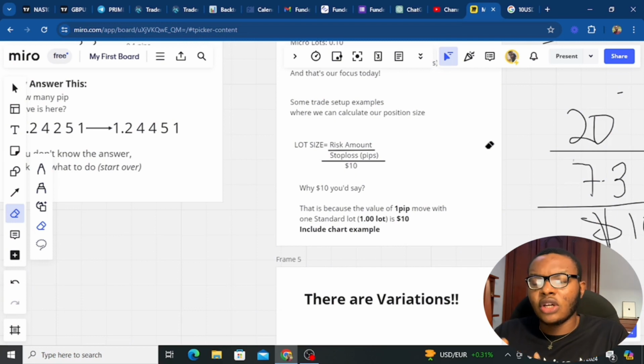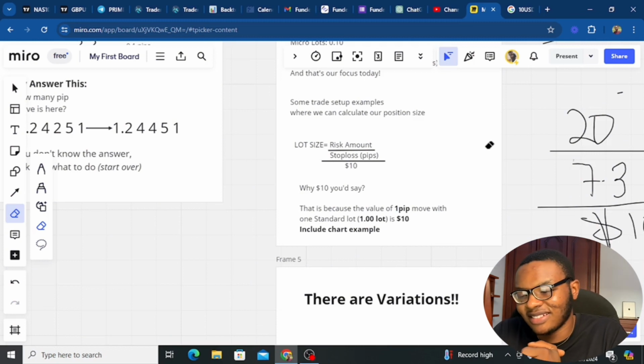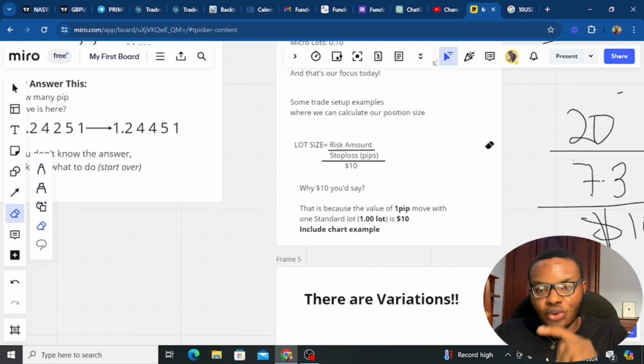So let's say you're trading a 10K account and you want to risk 2%. 2% of $10,000 is $200. So you take the $200 as your risk amount. If you use the percentage, you just complicate the whole thing. So it's best you bring it down to monetary figures, then work with that.